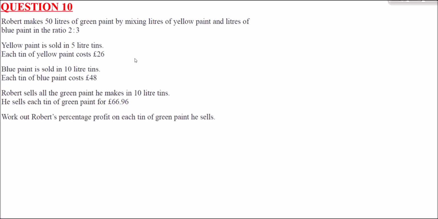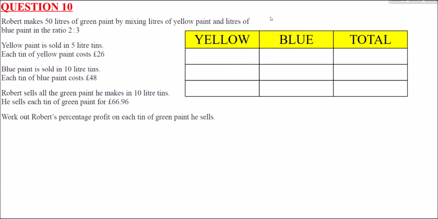So we need to just consider this, I would say, as a ratio. So here's a little table which can scaffold building up the question in terms of getting to the final answer. So we can think of this as yellow paint, blue paint, and total. Importantly, the yellow and blue needs to be combined in this ratio of 2:3.